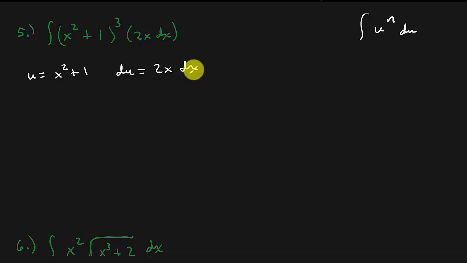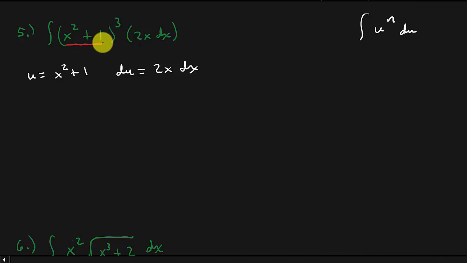All right, now I'm going to make substitutions here. In the place of x squared plus 1, I'm going to substitute in u. You see that? And then look at this. See the 2x dx? I'm going to replace that with du.